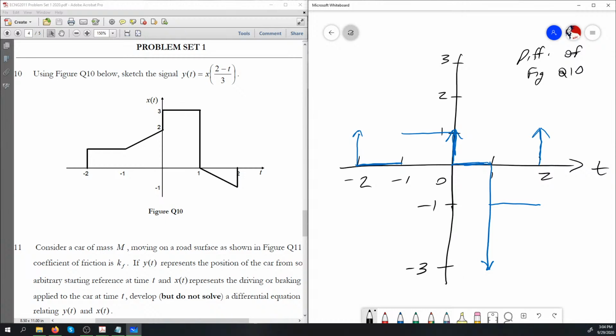Alright. So are there any questions regarding this differential of figure question 10?